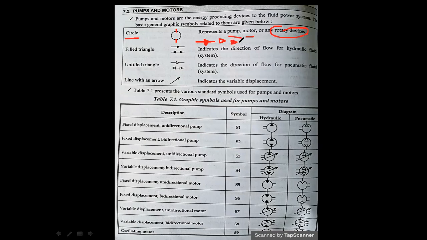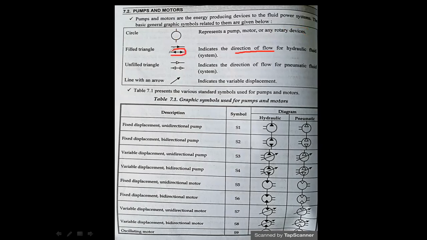If it is filled, it is hydraulics. If there is a gap, you can see the gap here, this gap is pneumatic. This arrow mark indicates the direction of flow for a fluid system.